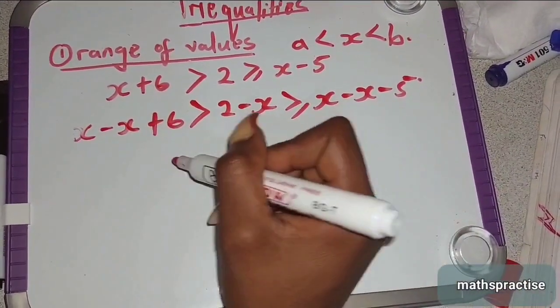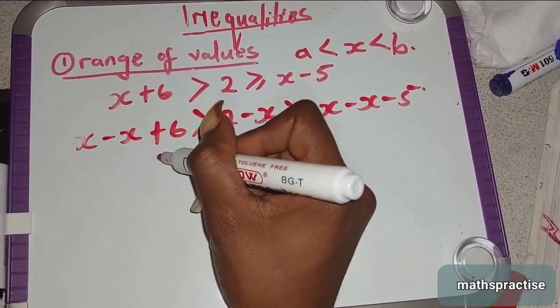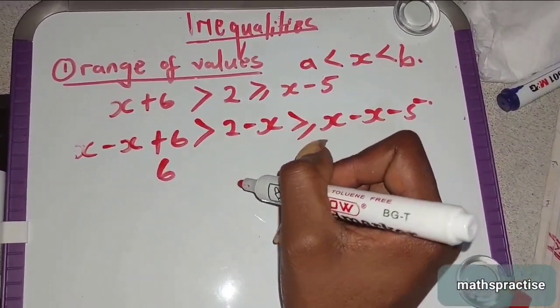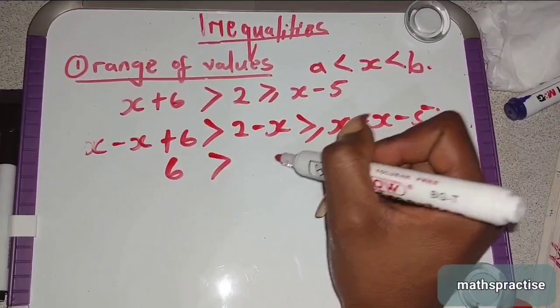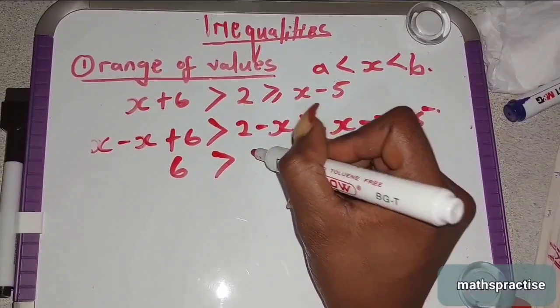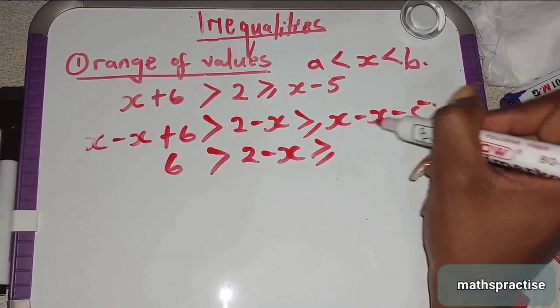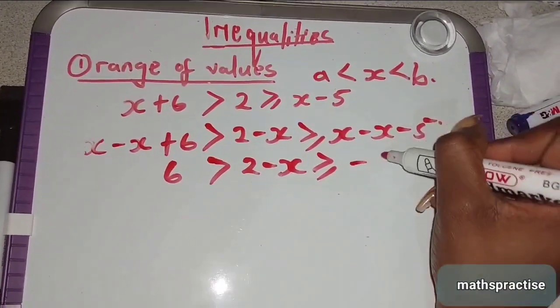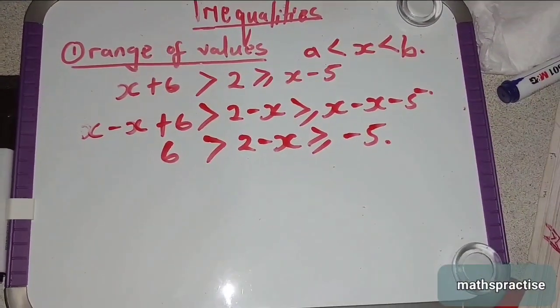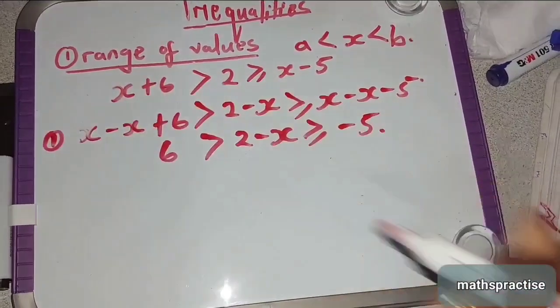And you simplify, you will remain with 6 is greater than 2 minus x, is greater than or equal to x minus x, that's 0, minus 5. Okay, so that's the first step.